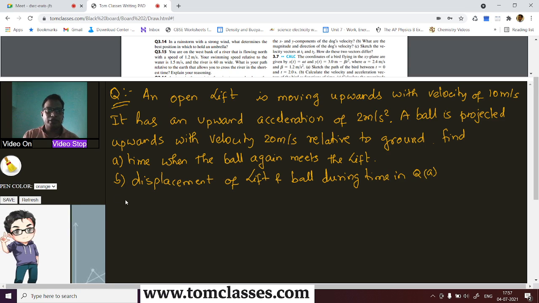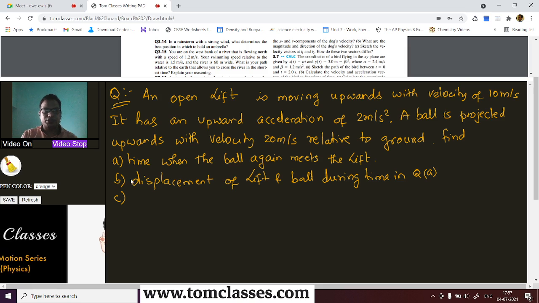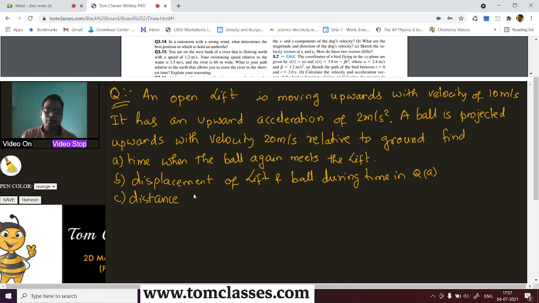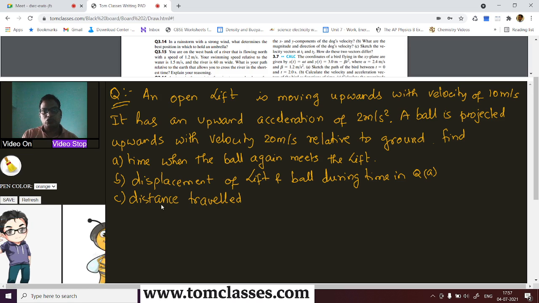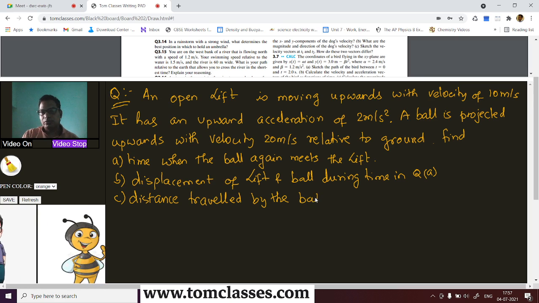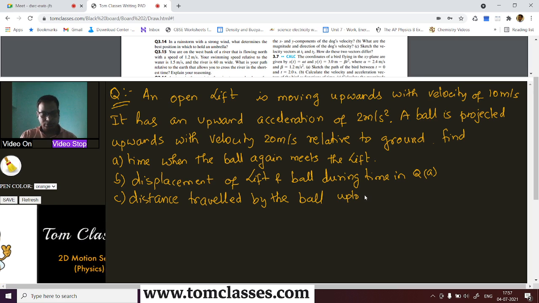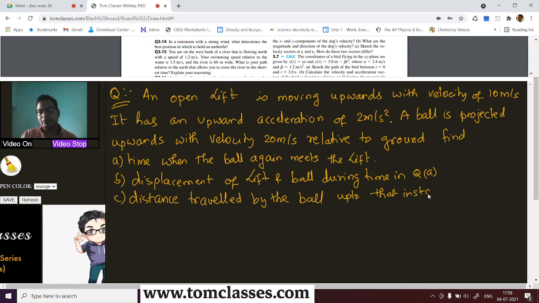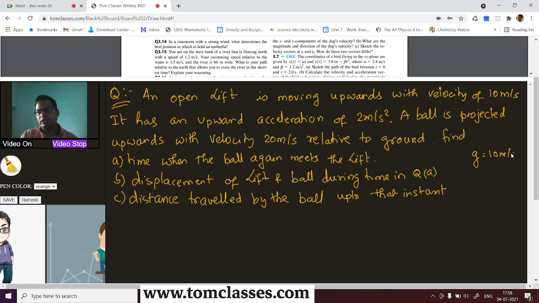And C part is the distance traveled by the ball up to that instant. So he's talking about distance, distance traveled by the ball up to that instant. Take g equal to 10 meter per second square. That is given to us.